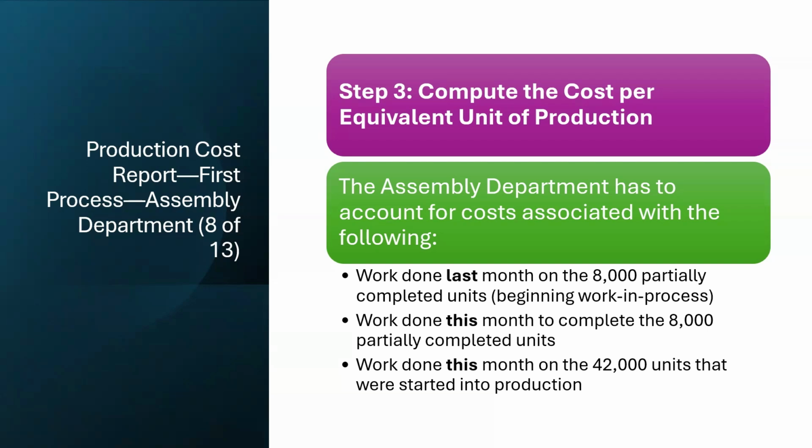Then you have also work done this month to complete the 8,000 partially completed units. And then you also have work done this month on the 42,000 units that were started into production.